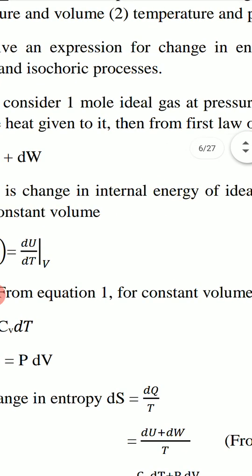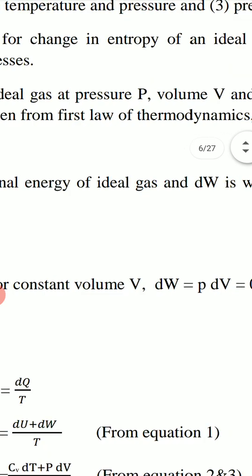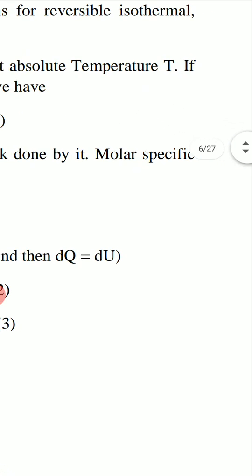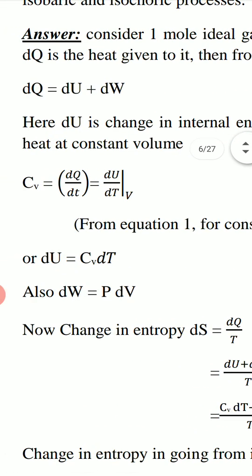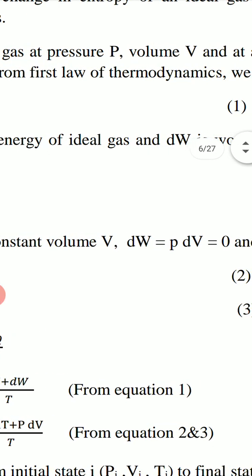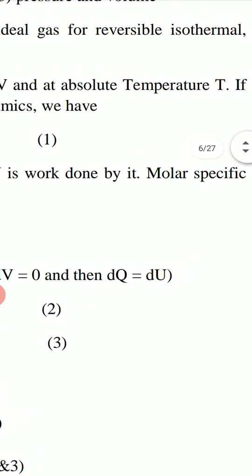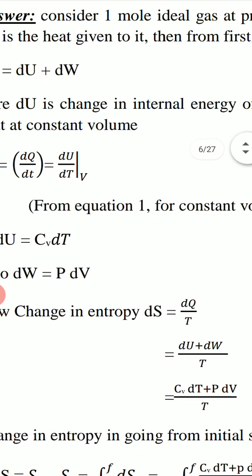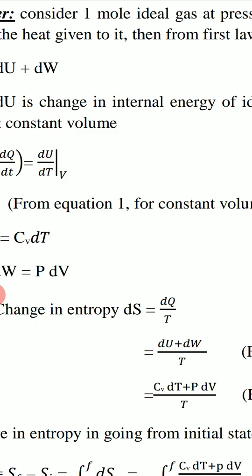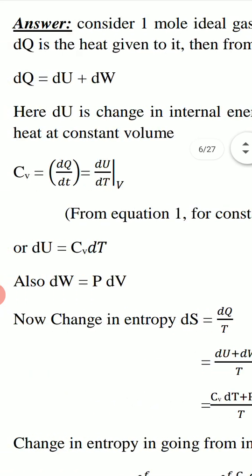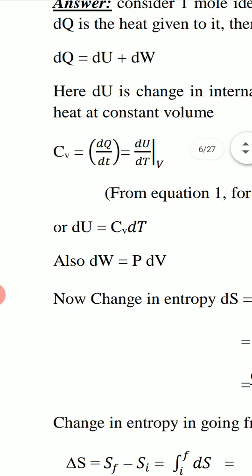We consider 1 mole ideal gas at pressure P, volume V and temperature T. If dq is the heat given to this, then from first law of thermodynamics we have dq equal to du plus dw.